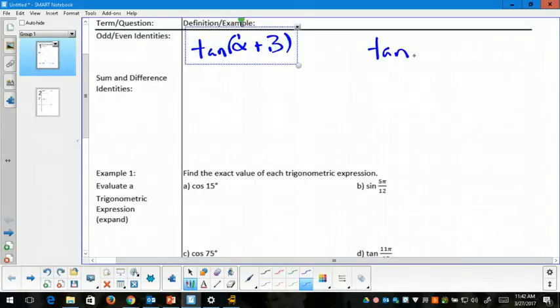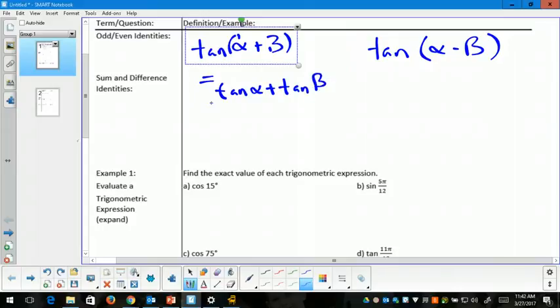For the sum, it's going to be a large fraction: you add tangent alpha plus tangent beta in the numerator, and you divide by 1 minus the product of those two.